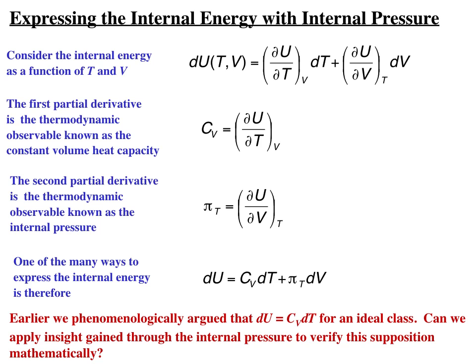Now that we have this new expression that we found from Maxwell's relationships in the fundamental equation of internal energy, let's see if we can prove that statement that we made with the hand-waving arguments previously.